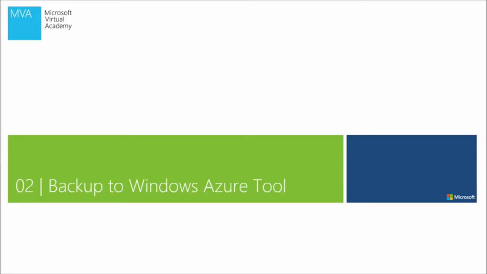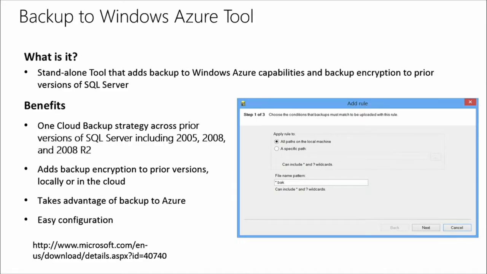So this is the part I want to hand over to George, so he can tell us a bit more. So we haven't forgotten about all of you who are still using SQL 2008, 2008 R2, and for those of you who want encryption for SQL 2012. So what we've done is we have released a tool called, creatively, Microsoft Backup to Windows Azure tool.